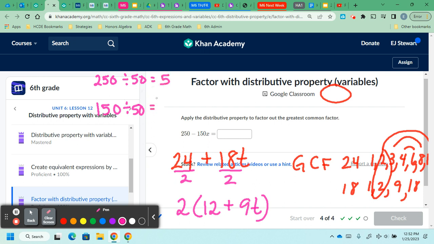If I divide 150 by 50, I have 3. So 50 is my greatest common factor. When I divide 50 out of 250, like I said before, I have 5. I've got this minus sign here. 150 divided by 50 is 3. Don't forget to put the x next to it.